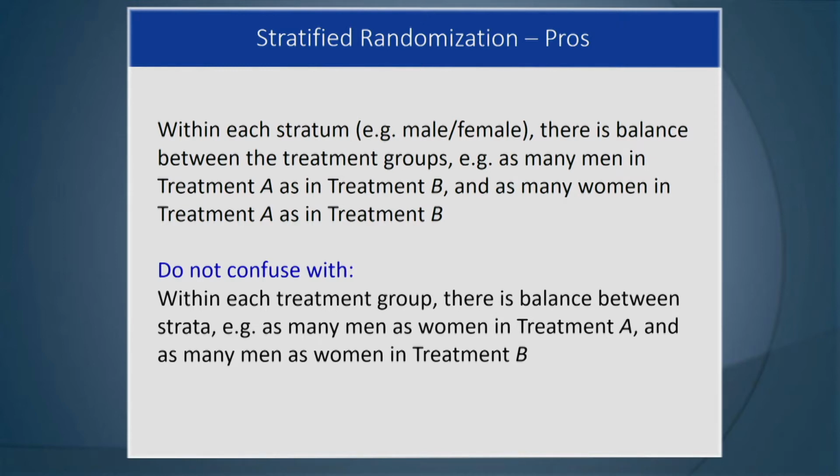So we can't put as many men as women in treatment A and as many men as women in treatment B. We can't do that. We don't control that. What we can control is to balance the women between treatment A and B and the men between treatment A and B. So that statement is not correct.